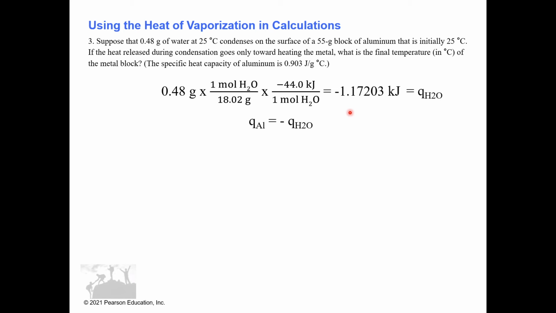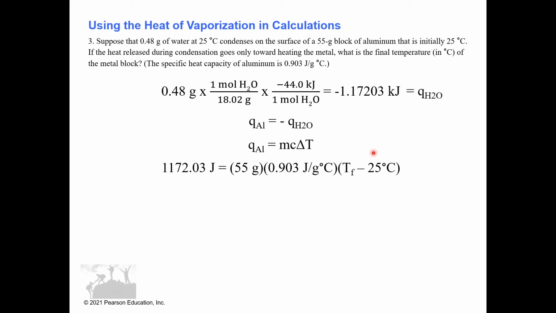Now, because heat is being transferred from one object to another, we have to use our relationship here. Q aluminum is equal to negative Q water. This is our heat transfer relationship. So hopefully you guys didn't forget Q equals mcΔT. We have to figure out the final temperature of the aluminum block. We have all the other variables, so we'll plug that in.